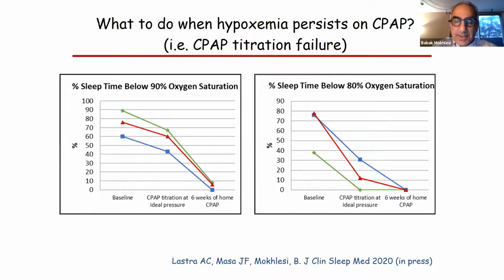Now, the other thing that I want to share with you, which may create some controversy, is earlier I talked about a couple of studies where they excluded patients with CPAP titration failure due to persistent hypoxemia on titration studies. So I want to share with you 3 patients here that were enrolled in one of our research studies.